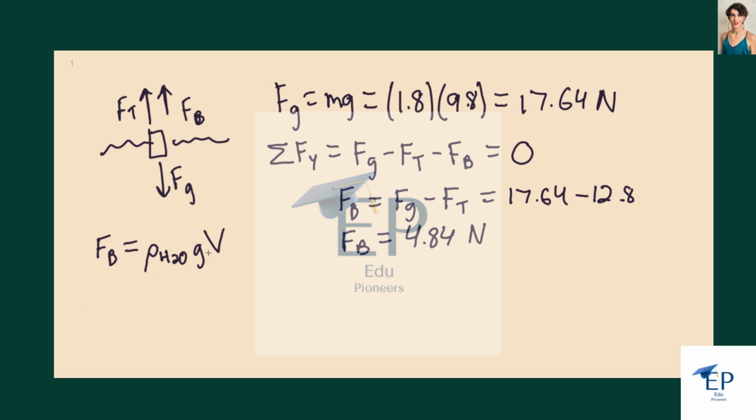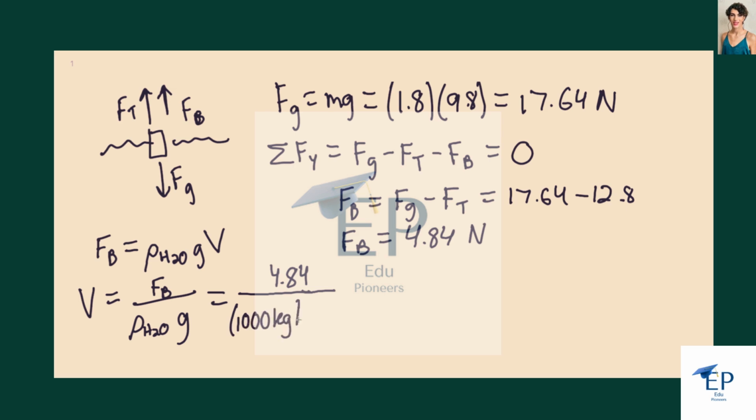Here, we're going to have to solve and isolate V. So V is going to equal the buoyant force divided by the density of the water times gravity. Plugging this in, we plug in our constants first. So 4.84 divided by 1,000 kilograms per cubic meter, and then times 9.8 meters per second squared.